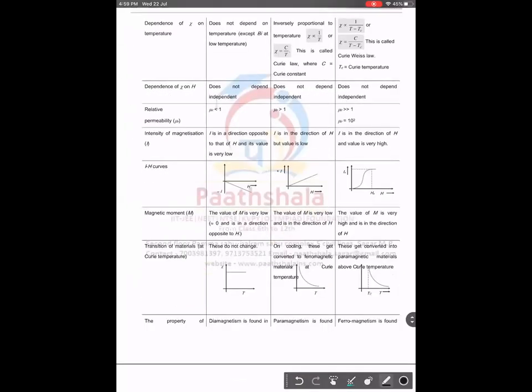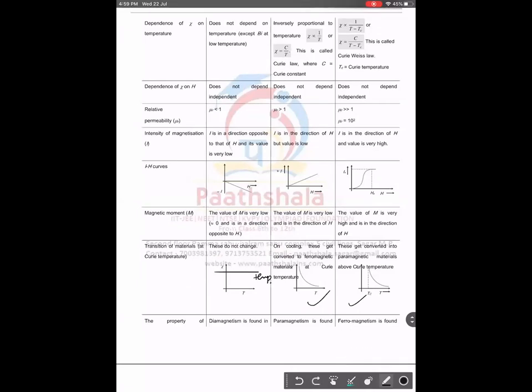If you make a graph between chi and temperature, for a diamagnetic substance the value of chi is negative. That's why the graph is like this. This is temperature. This is for paramagnet and this is ferromagnet. They made a wrong graph. The correct graph is like this. They made the graph after Curie temperature.